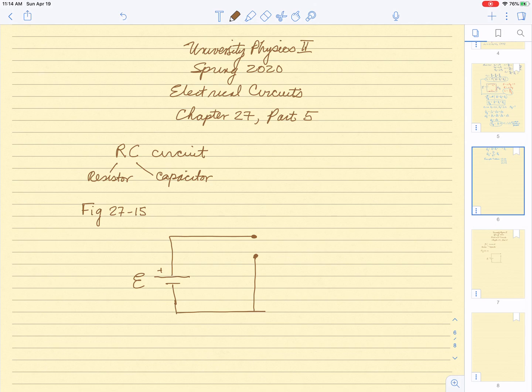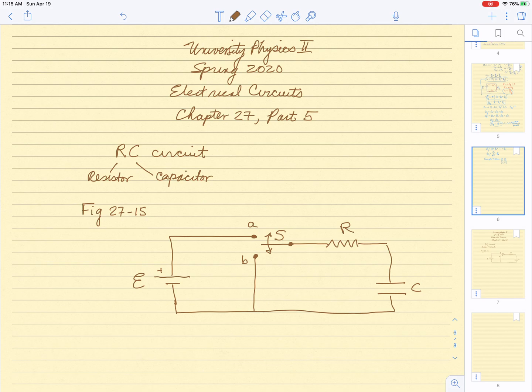So here we're going to have a switch, and that switch can toggle between positions A and B, and then we're going to have a resistor in series with a capacitor. Okay, so it's a resistor, capacitor, and this switch can toggle back and forth, as I said, between position A and position B.